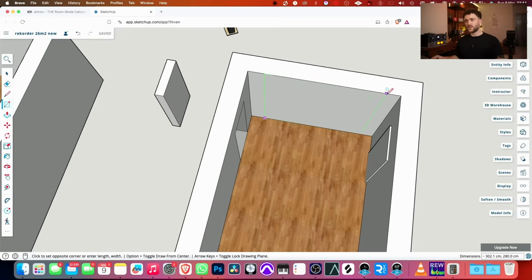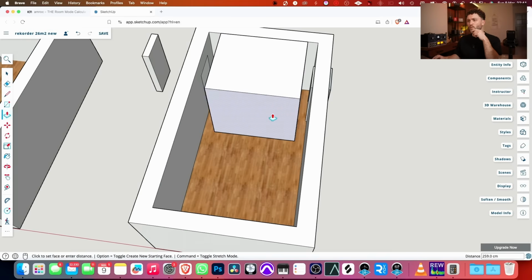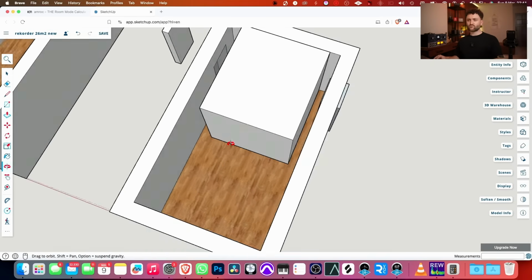Let's roughly do this. Yeah, because that's the way it's defined. This is what's happening. On the front wall, you have very high sound pressure and very low sound velocity.